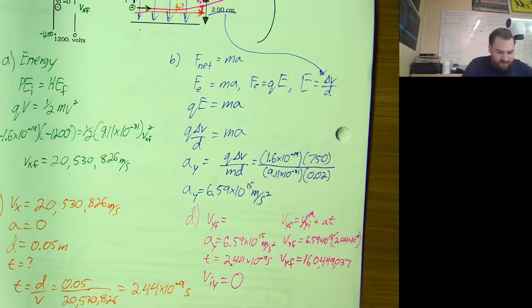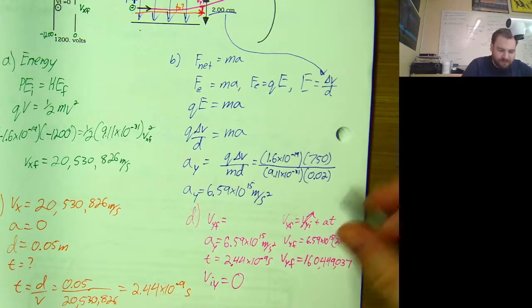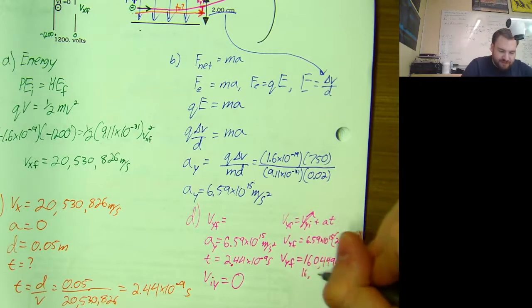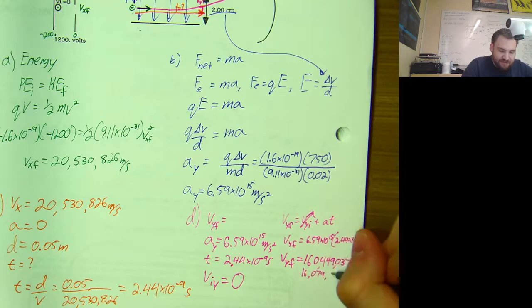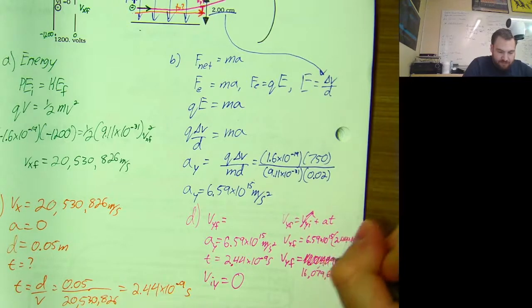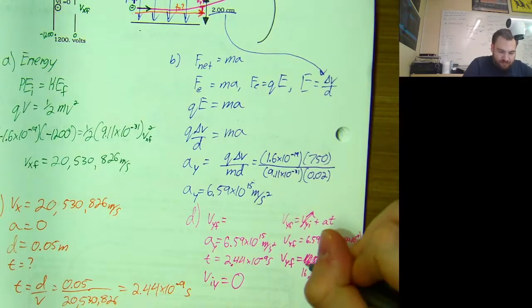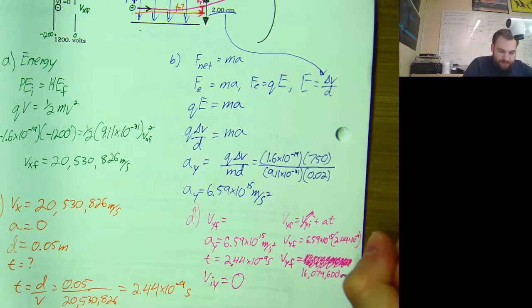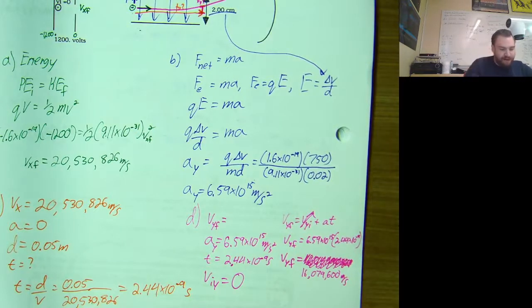Can someone verify? I think something's wrong there. How about the other one, 16,079,600. It should be 16 million, yeah, not 160 million. Meters per second. Okay. That 16 million is very close to the value I got.